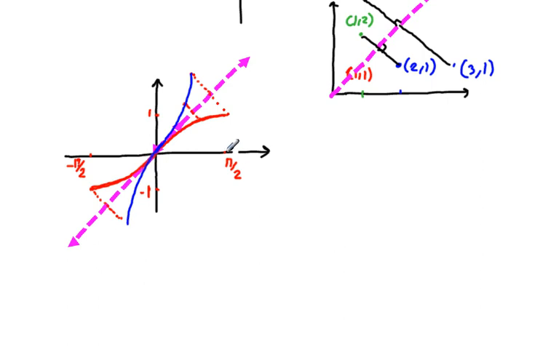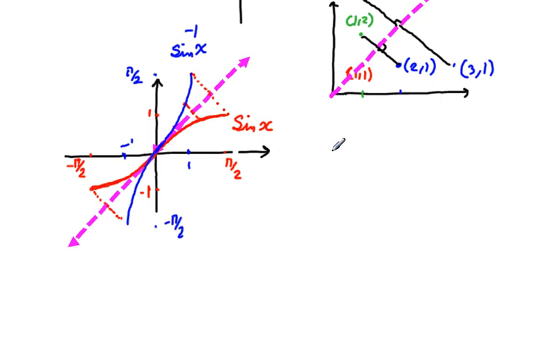So this was 1 and pi over 2 on the blue curve. 1 comes here, pi over 2 goes up here. Or minus 1 comes here, and minus pi over 2 comes down here. So the blue curve is really sine inverse of x, while the red one was the restricted sine of x.